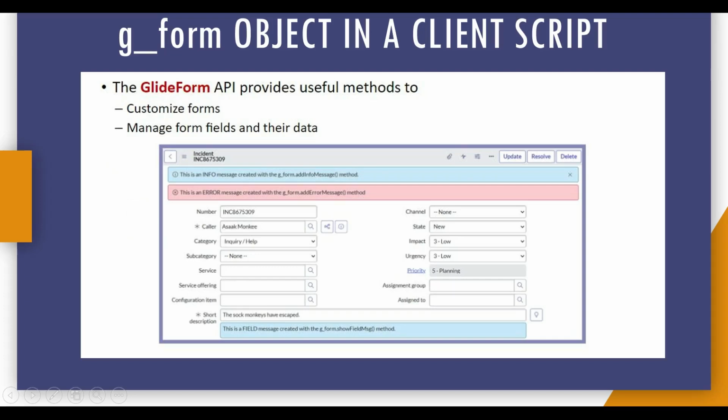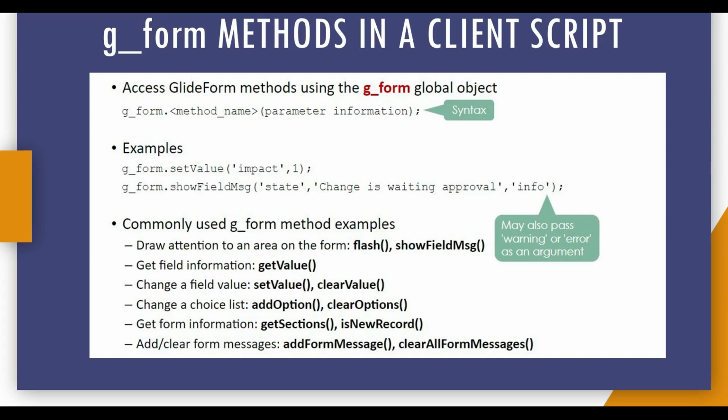The GlideForm API provides useful methods to customize forms and manage form fields and their data. Just like here, they are populating the info message, error message and the field message. This is how you access the methods: if you type g_form dot, all the methods will be displayed.